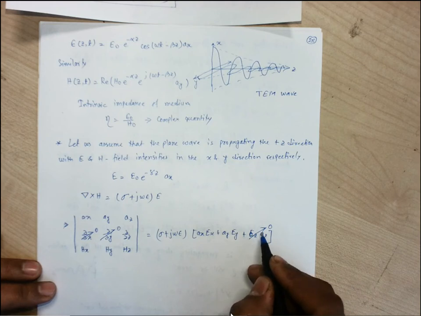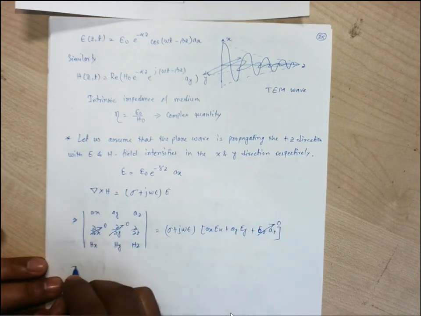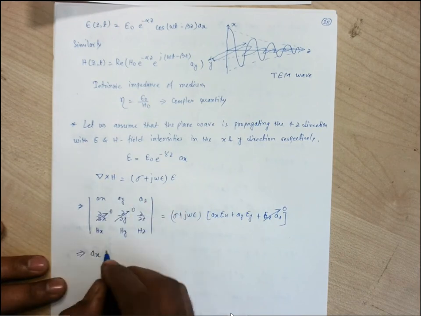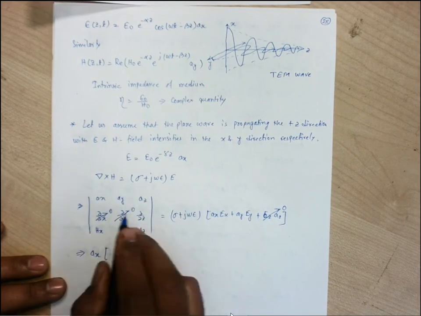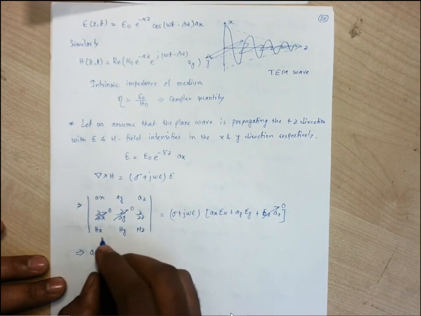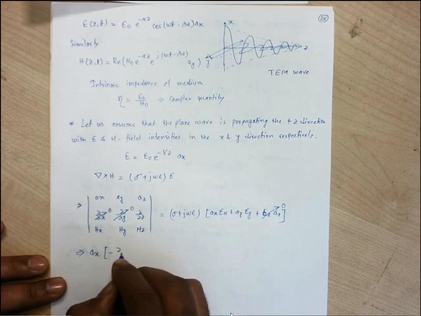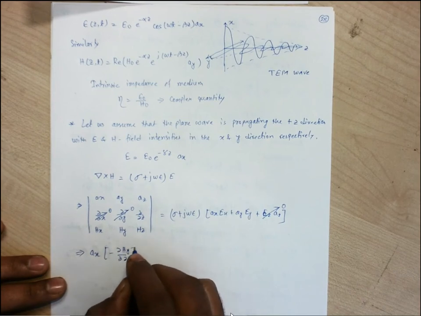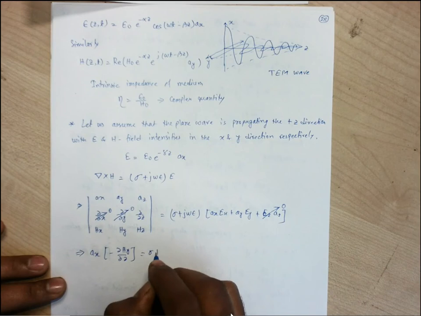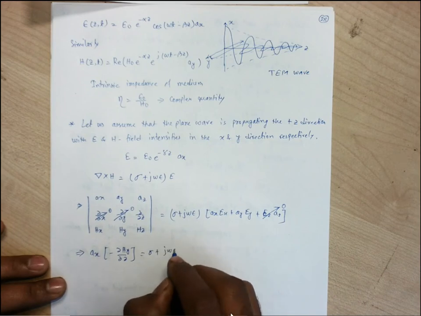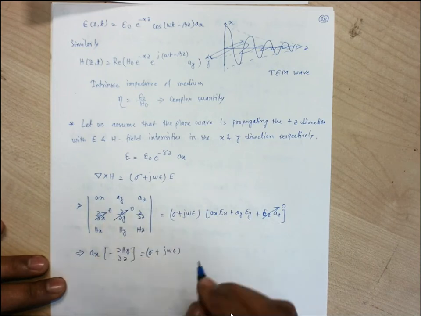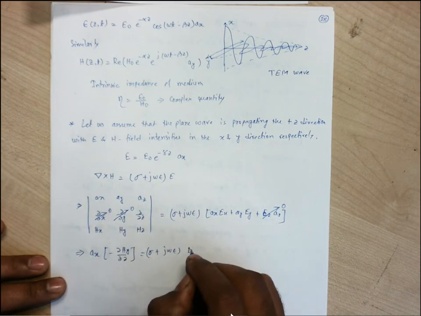So if z is 0 for this, let us find out other field components. If we consider this ax, this will be minus del hy by del z equals sigma plus j omega epsilon, and we are considering only the x component, since it is Ex ax.